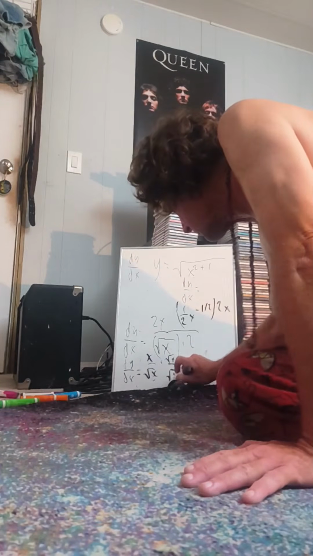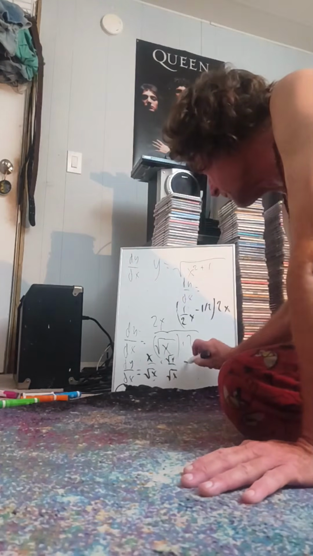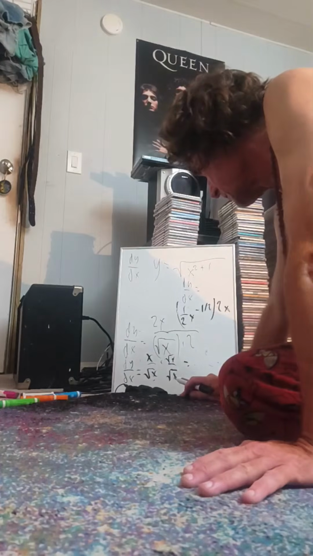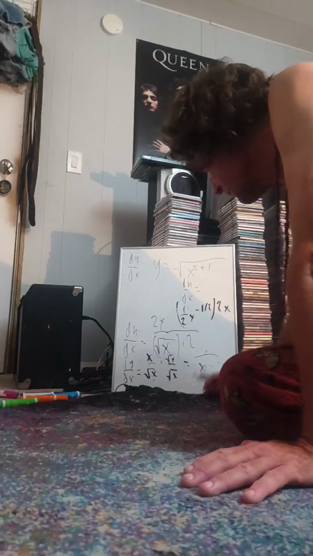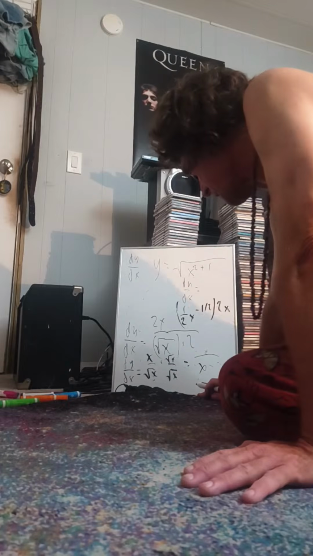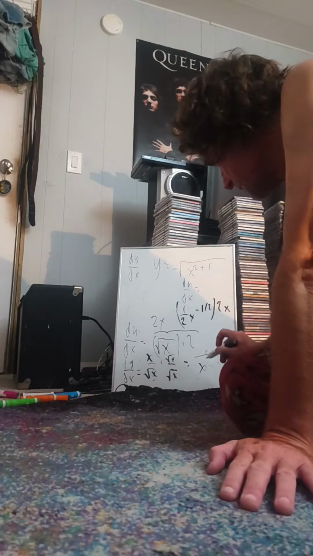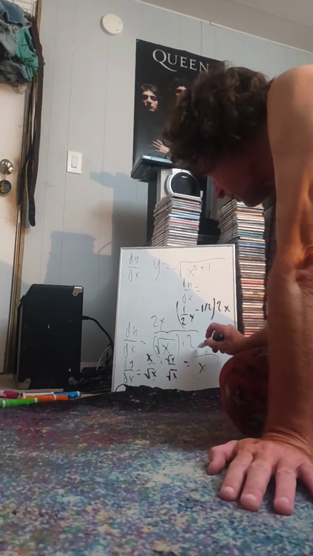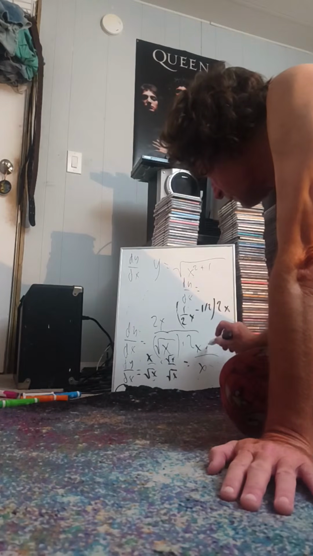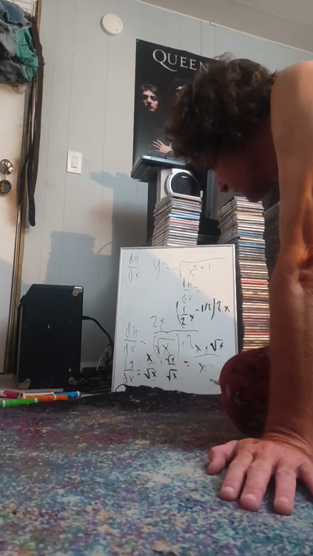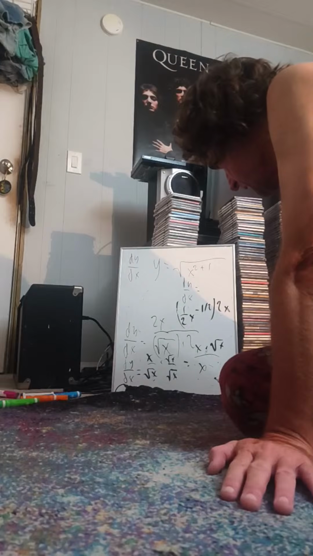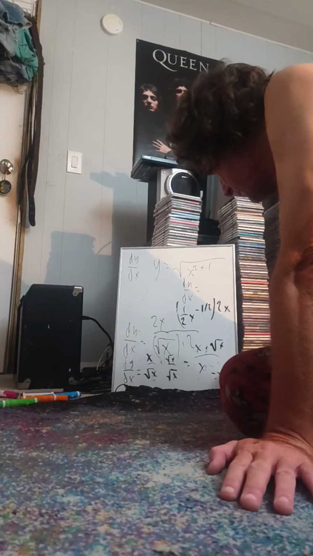Square root of x. This equals x in the bottom, and this on the top equals x times the square root of x. The x's cancel out. So the answer is just the square root of x, I believe.